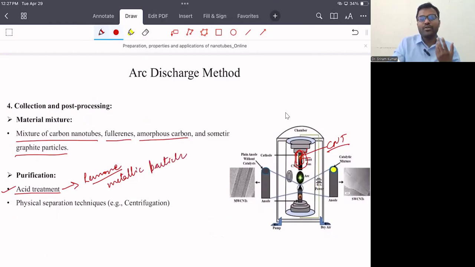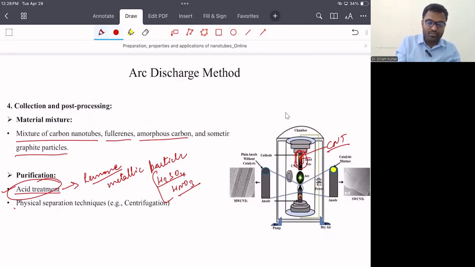For example, if you use iron, cobalt, or maybe nickel as a catalyst, that might be present in the CNT. So if we use maybe H2SO4, or maybe nitric acid in mild conditions, this acid dissolves the metallic particles, and you can remove them.